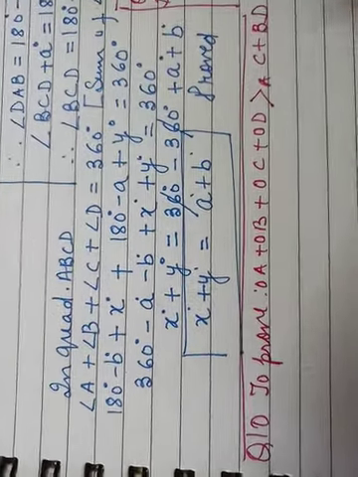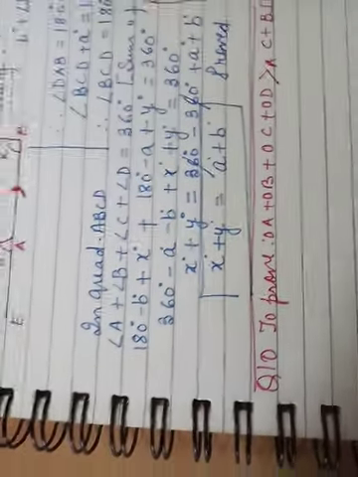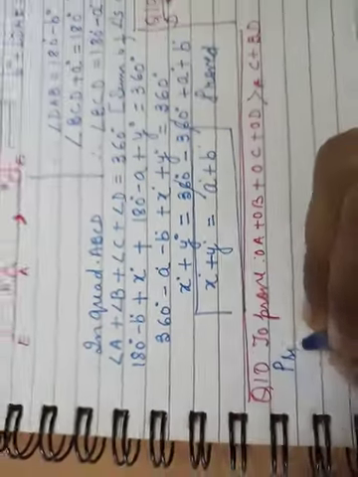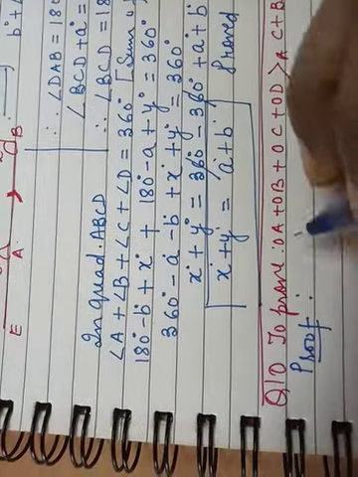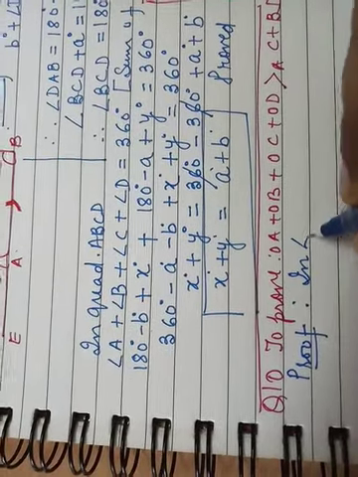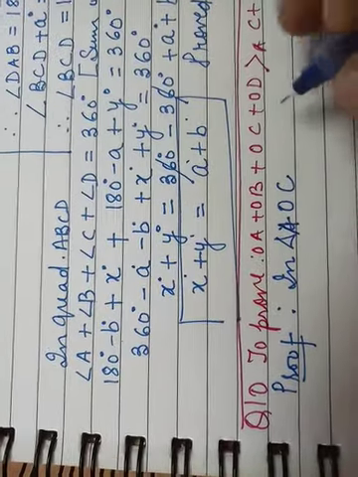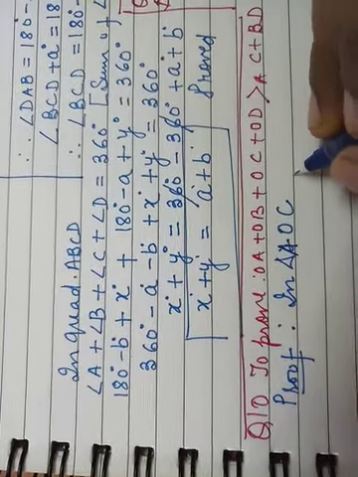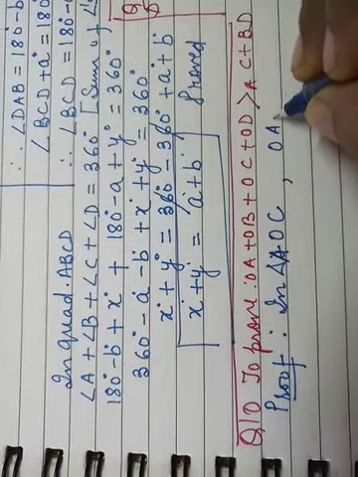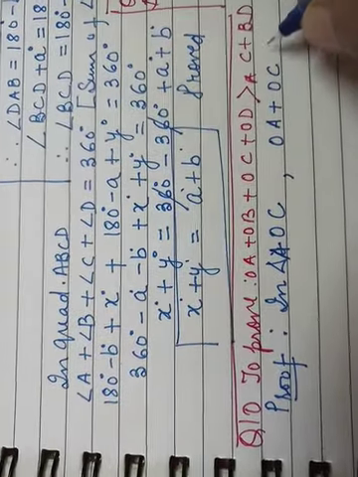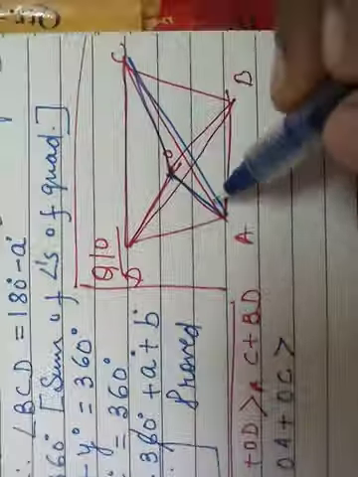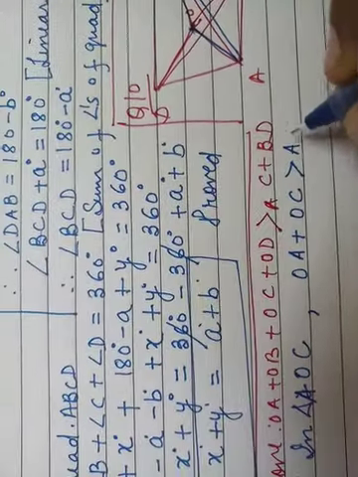This we have to prove. For that, what do we consider? Firstly, I am going to consider triangle AOC. We'll write OA plus OC is greater than AC, the third side.